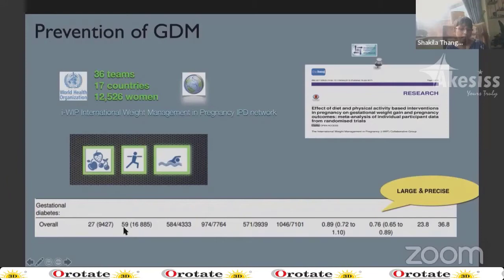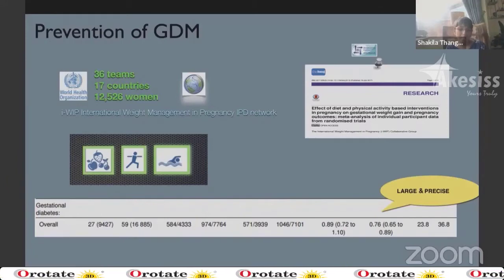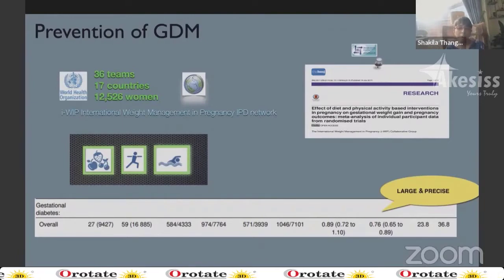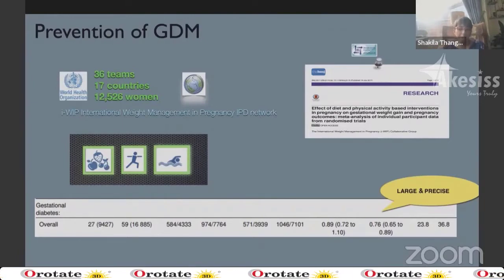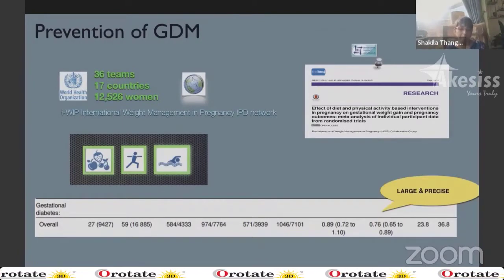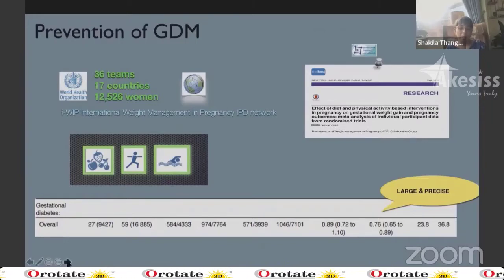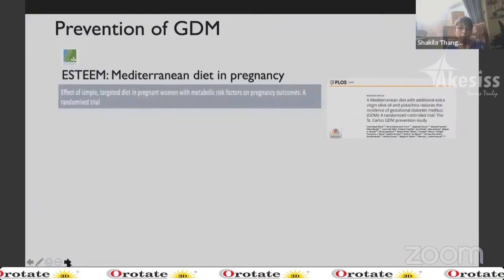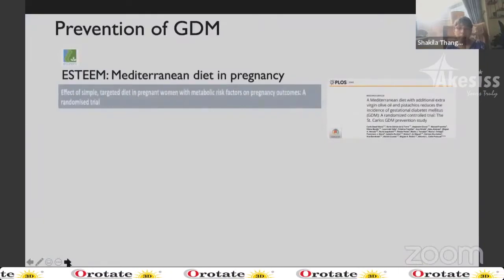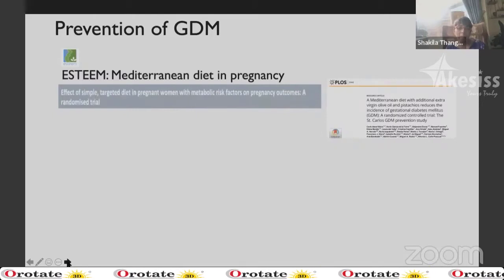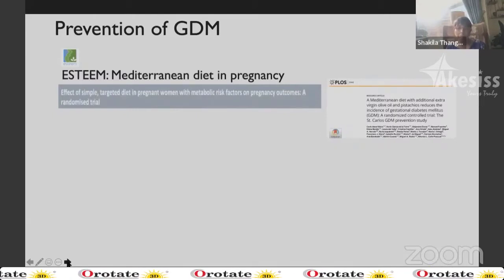And there is not one single diet and physical activity. It's broadly the ethos of having a healthy diet, avoiding the unhealthy food, increasing the physical activity in pregnancy does make a difference. We also did a trial in East London where about 80% of our women are from ethnic minority origin, a large number are from South Asian.